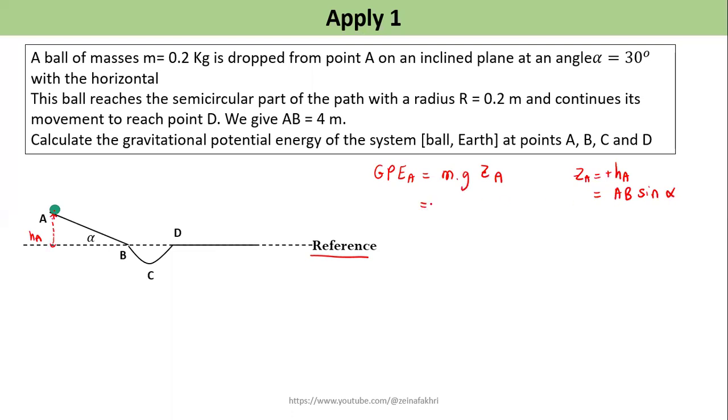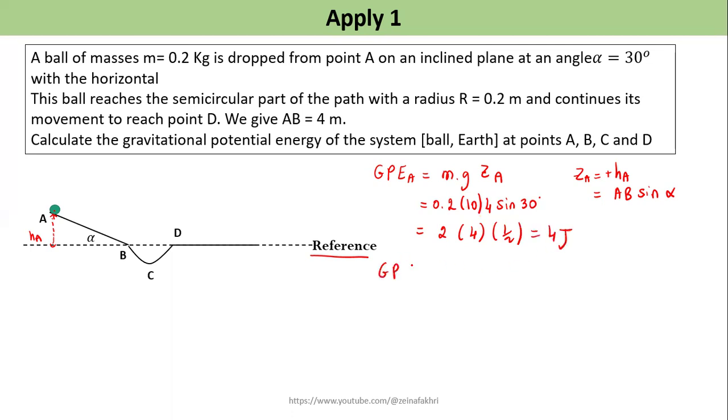So the answer will become 0.2 multiplied by 10 multiplied by ZA, which is AB sine alpha, this means 4 sine 30. So we get 2 multiplied by 4 multiplied by half, so the answer will be 4 joules.